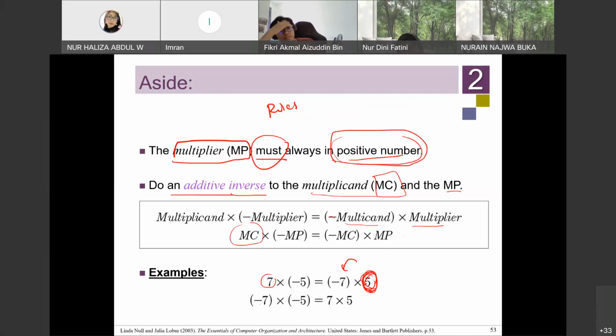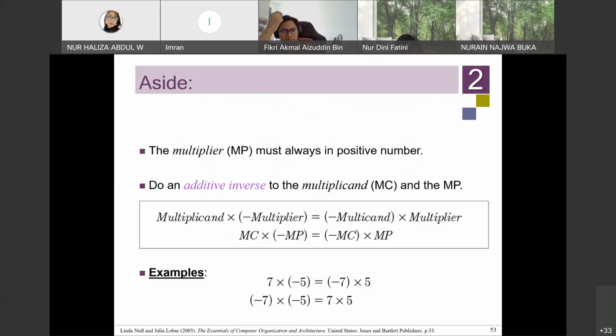If the multiplicand is negative, it is not a problem, because negative times negative always gives a positive. So you need to remember these rules and apply them.